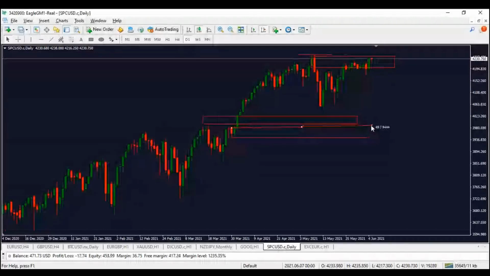Now, this was an uptrend. Let's deal with this uptrend here. Low, high, higher low, higher high, higher low, higher high, higher low, higher high, higher low, higher high, higher low, higher high. Then we had what? A low right here.